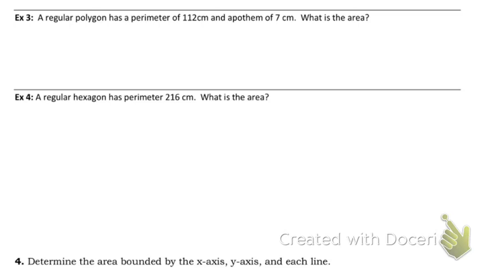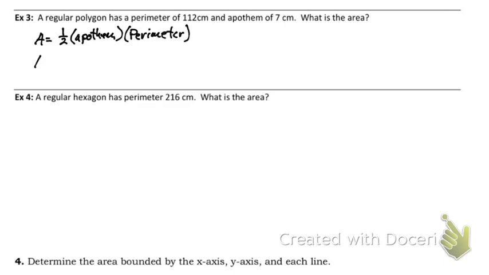All right, a regular polygon has a perimeter of 112 and an apothem of 7. What is our area? This would be one where you would want to know the area formula that works with perimeter. Well, area equals 1/2 your apothem times your perimeter.